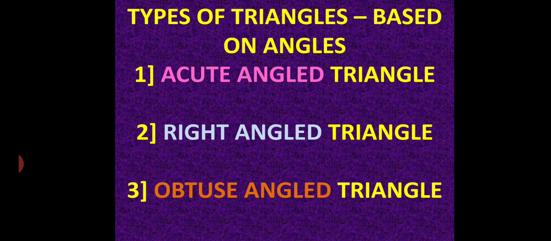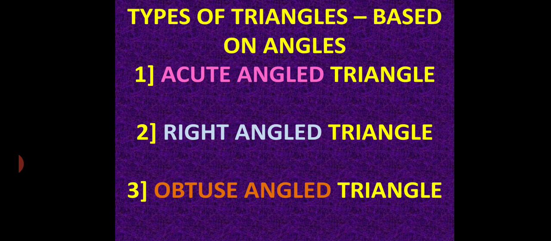Remember that in an acute angle triangle, the measures of all the three angles will be less than 90 degrees. Is it clear? Once again I repeat, in an acute angle triangle, the measures of all the three angles will be less than 90 degrees.